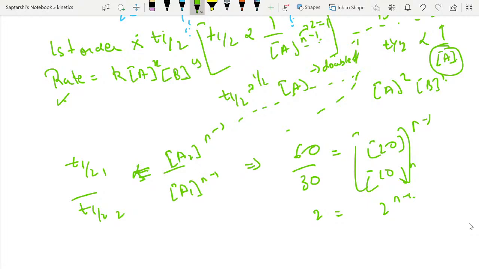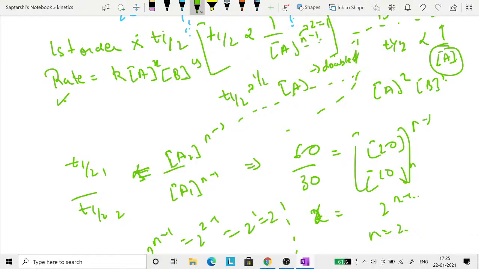Right? If I didn't make any mistake. No mistakes, right? So when will 2 to the power n minus 1 be equal to 2? When n is equal to 2. Because when n is equal to 2, 2 to the power 2 minus 1 is 2 to the power 1, equals 2. That's it. Now you're satisfied, I hope.